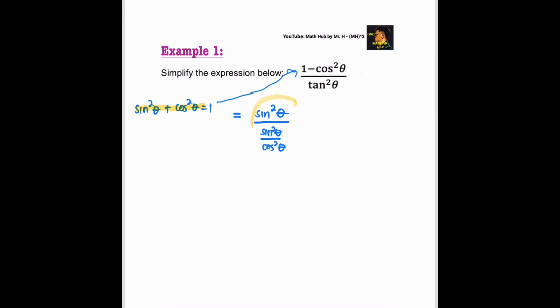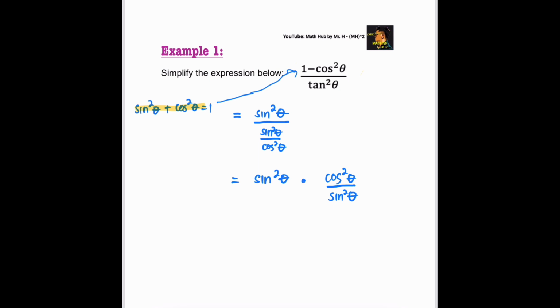And then from here, we can simplify. So we copy the numerator, sine squared theta, and for the denominator, we get the reciprocal of that. The reciprocal of that is cosine squared theta divided by sine squared theta. And switch to multiplication.